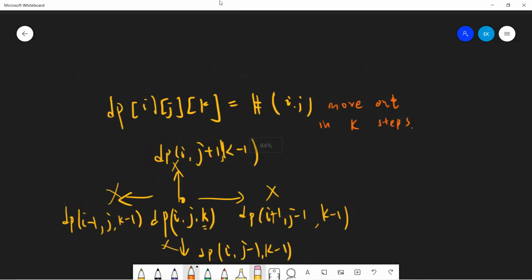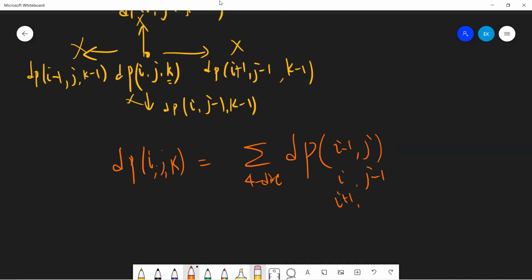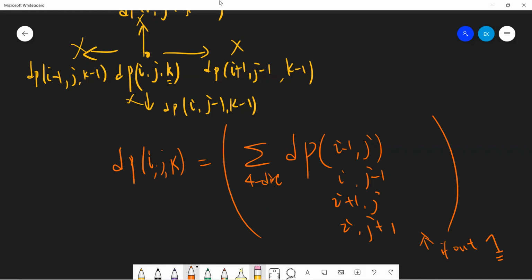So the answer is just the summation over the 4 directions, and if out of boundary, it is replaced by 1. That's it.